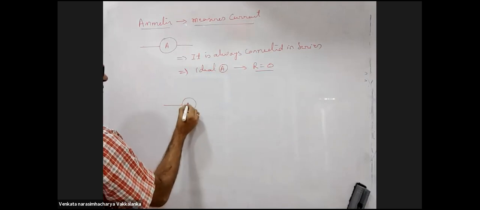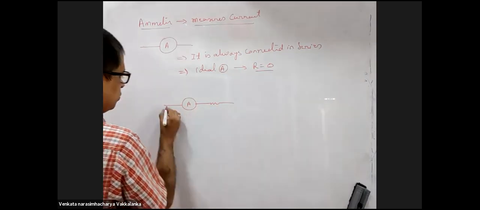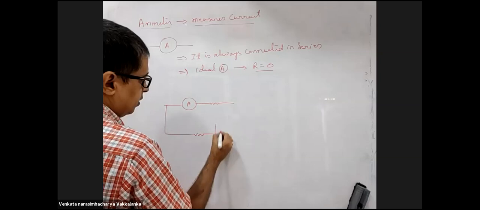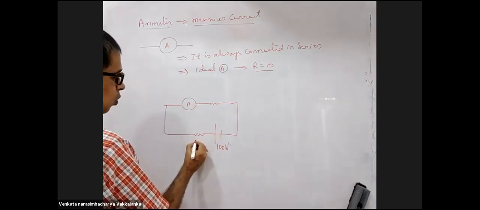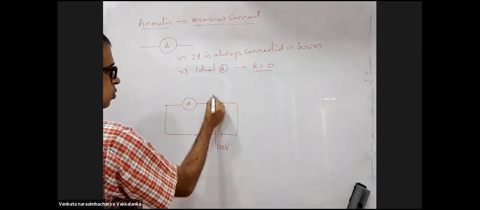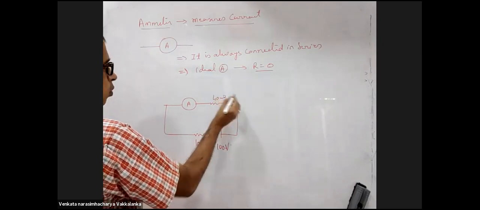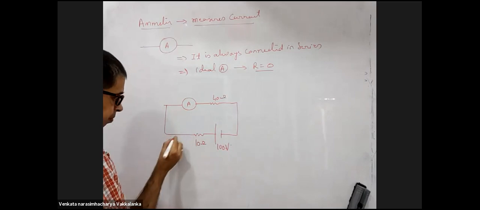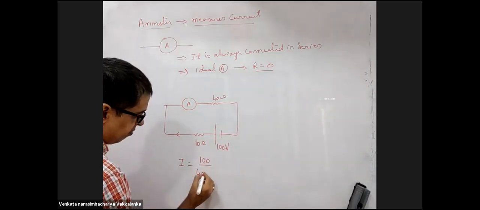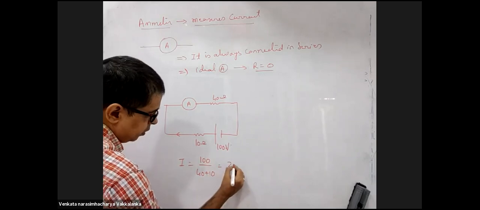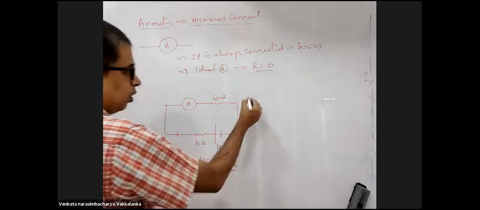So you have an ammeter placed in series with a battery of 100 volts, internal resistance 10 ohms, and 40 ohms. An ideal ammeter will measure the current as 100 divided by 40 plus 10, which is 2 amps.